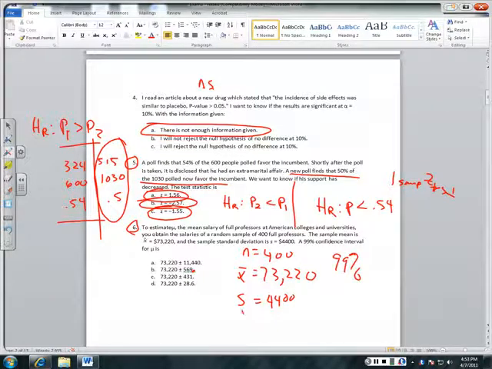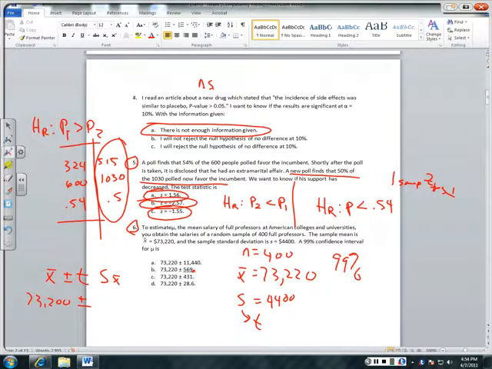Since we have S, this is T. There's just one sample here. You could work this out this way. You could do X bar plus or minus T times S X bar, and you would have then 7320 plus or minus, I'll look up the T in a minute here.